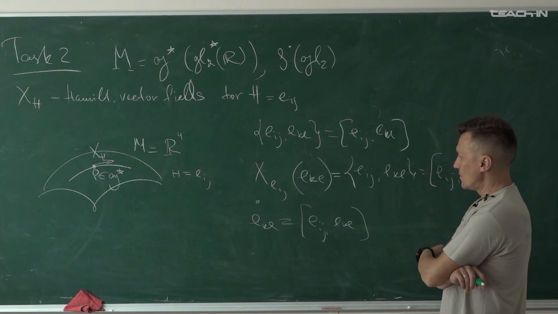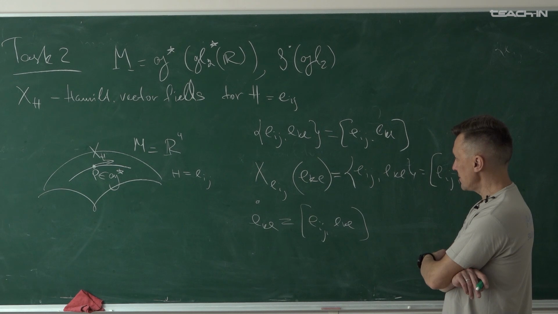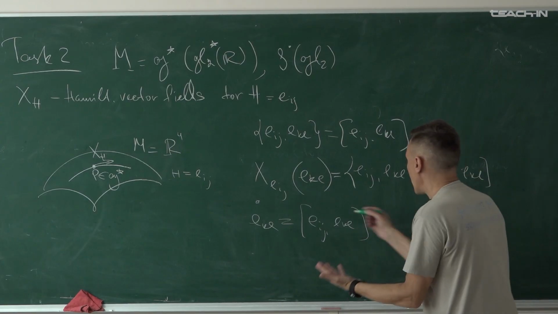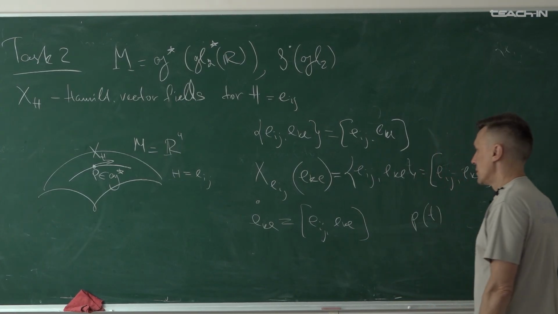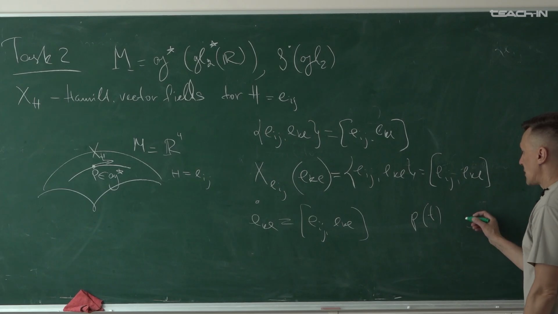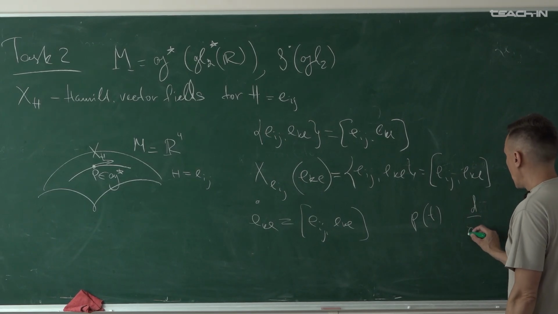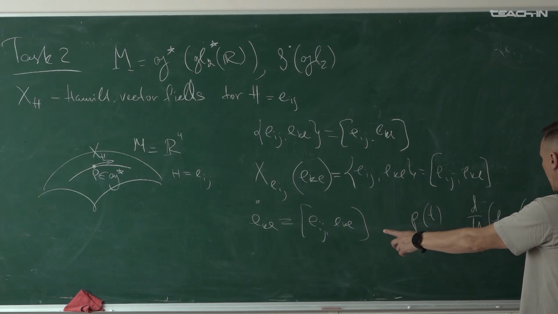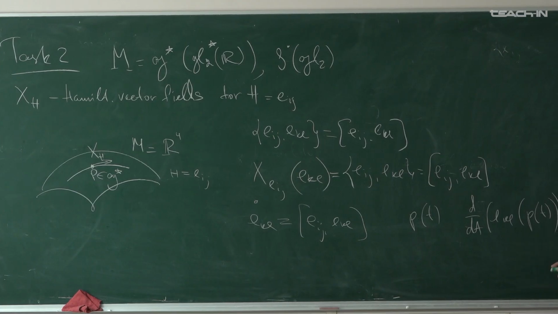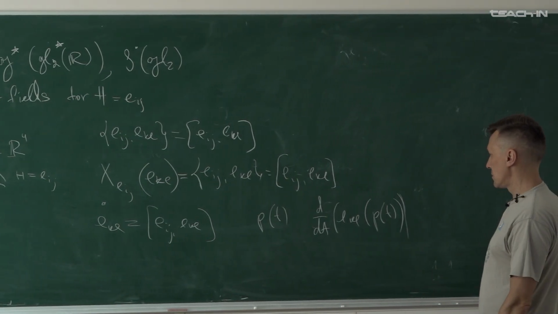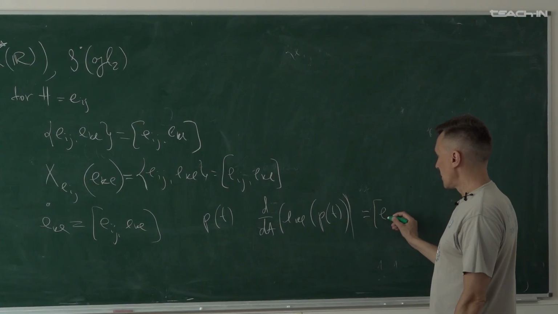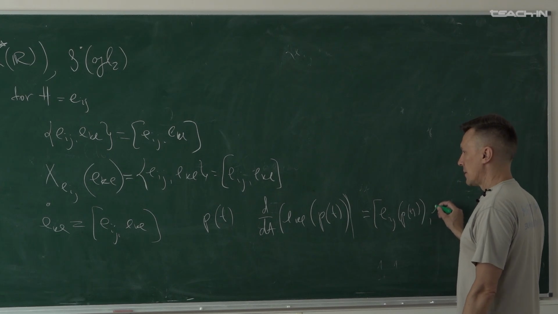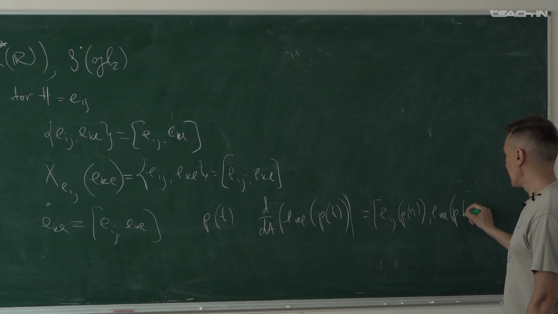Now we have to solve it and find the trajectories. So we have to define P of t such that d over dt of E_KL of P of t is equal to E_ij of P of t, E_KL of P of t.